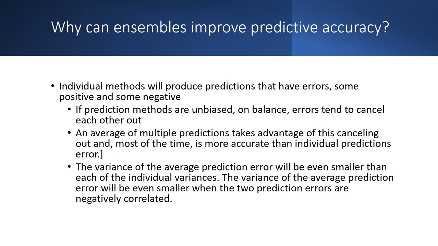So, why can ensembles improve our predictive accuracy? The principle of combining methods is popular because it reduces risk. It's the same concept used in a finance portfolio, where you use a combination of stocks.